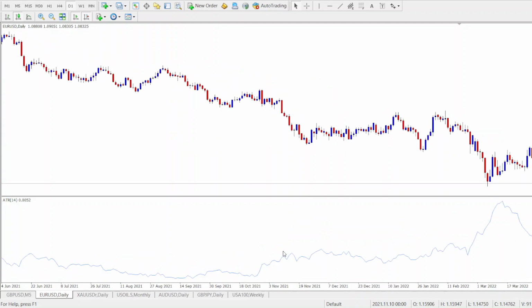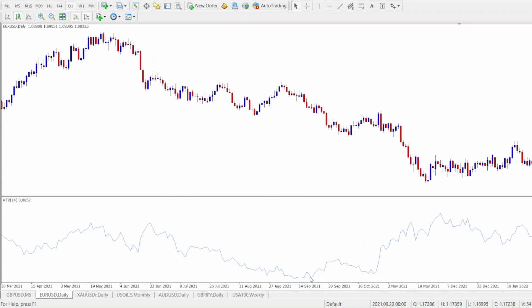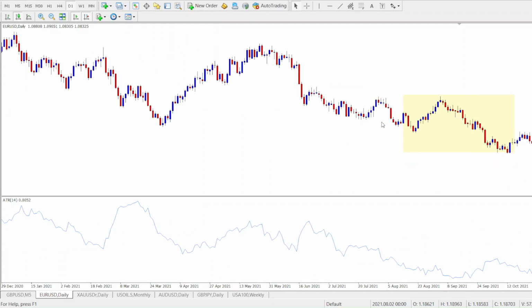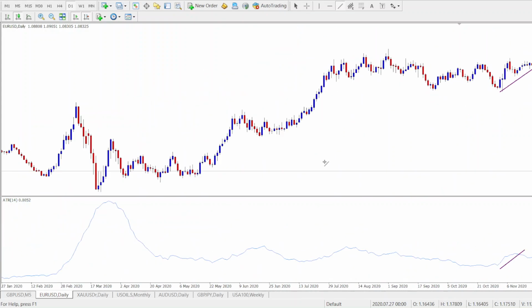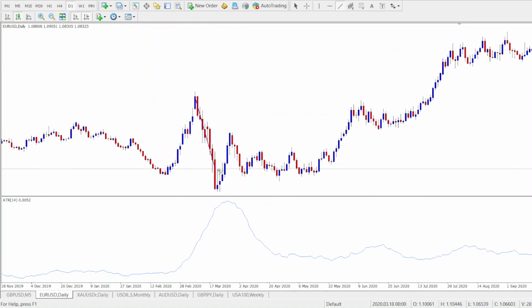You can see how, during this period of it moving sideways, we had low volatility around this point. But coming towards something like this, can you see what happened here? You can see how the ATR also rose in value. It had a sharp move, and there was high volatility here. You can see how the ATR also responded accordingly.